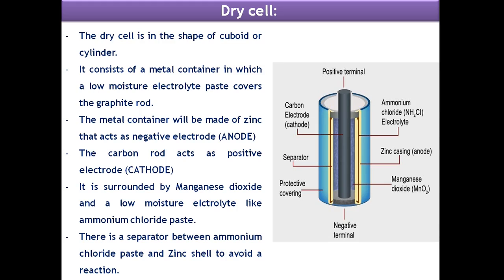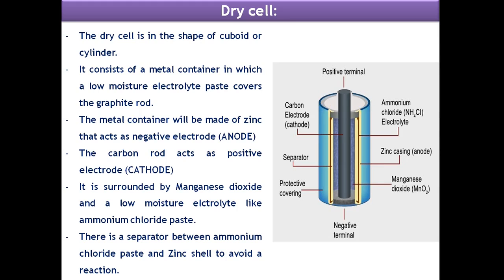Generally, the metal container is zinc and its base acts as the negative electrode, that is the anode, and the carbon rod acts as the positive electrode or cathode.